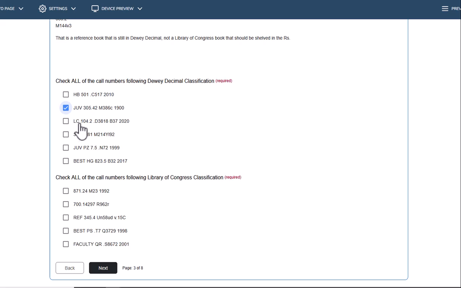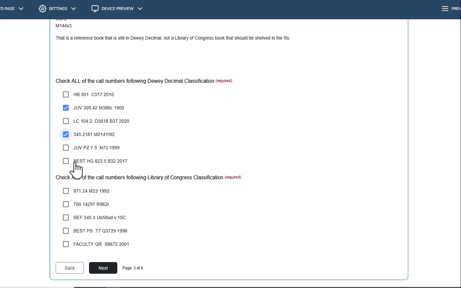LC, letters, Library of Congress. 345, 3-digit number, that is Dewey Decimal. Here we have JUV. Now again, that's not Library of Congress, that is just juvenile. But then right after JUV, we have PZ. PZ is letters, Library of Congress. So we're going to skip that one.